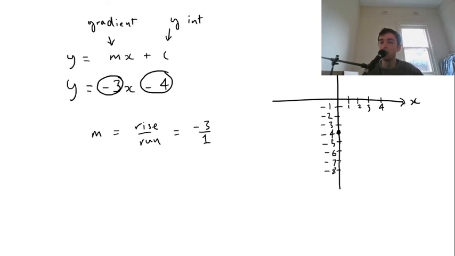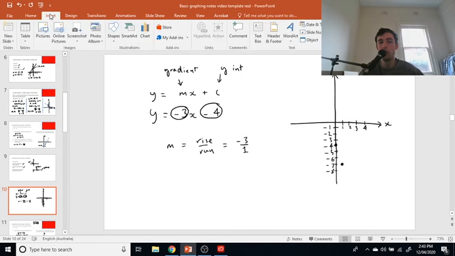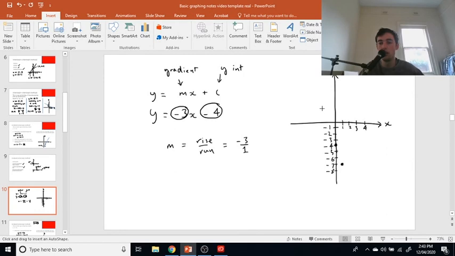And we have to go across 1 because the run is 1. All right. So that's our second point. And we can draw a line through these 2 points as well. And there we go. That's the gradient-intercept method.